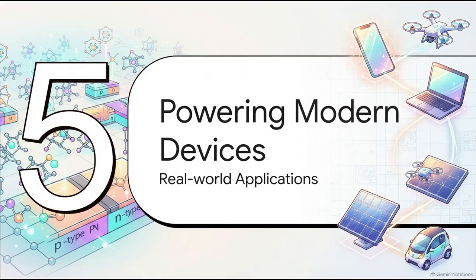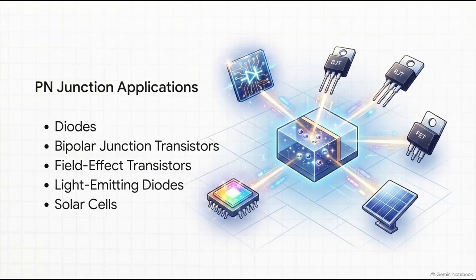Which leads us perfectly into Section 5, powering modern electronic devices. Let's zoom out from the microscopic level and see how this scales up to change our entire world. So, how do N-type and P-type semiconductors actually create electronic device functionality? This is it.